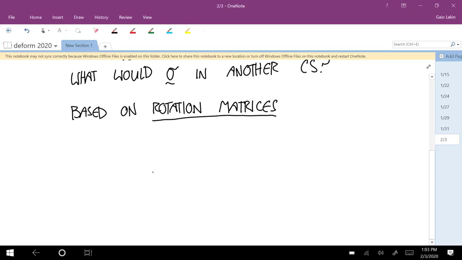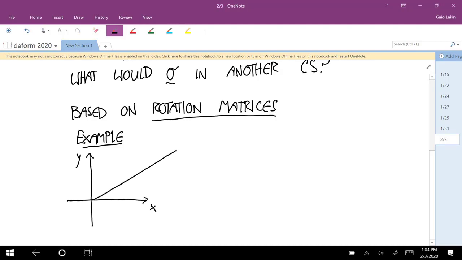And so here's the idea. Let's say that we have this coordinate system, and in this coordinate system we have a vector where this angle is 30 degrees and the magnitude is 10.